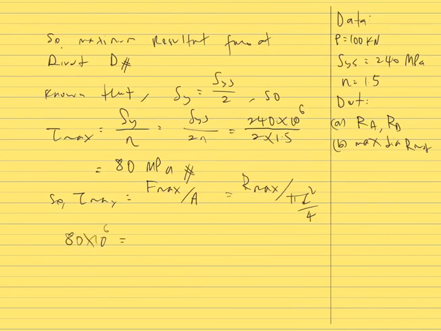So simplify 80 megapascal for maximum shearing stress is equal to 60.457 kN for maximum resultant force at rivet divided by pi d square over 4. So simplify again, we can get the maximum diameter for rivet is 0.031 meter or 31 millimeter.